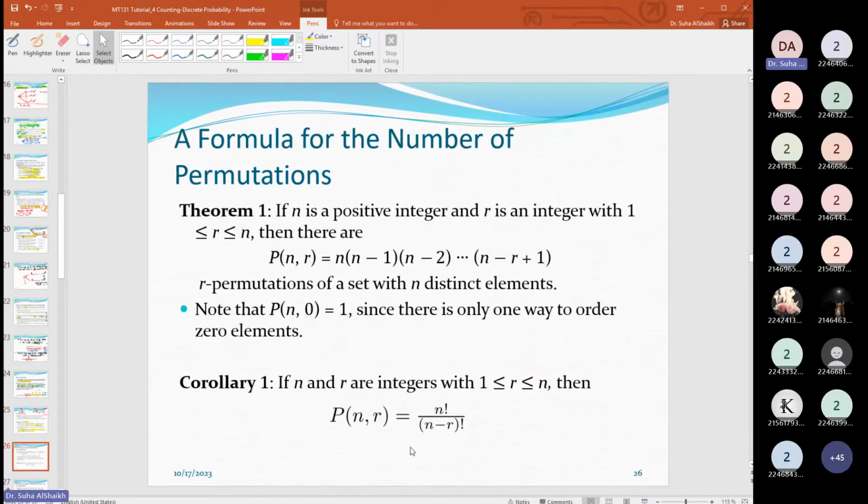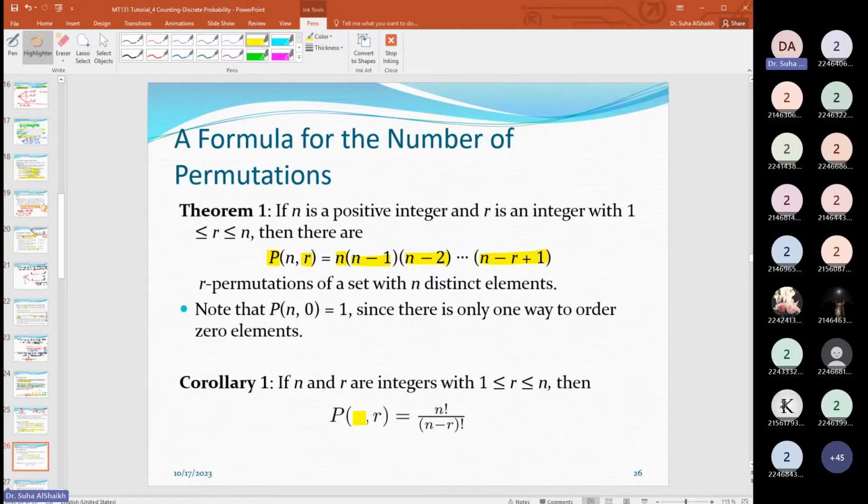So the permutation rule in the permutation of n things taken r at a time is equal to n في n minus 1 في n minus 2 في n minus r plus 1. Or we can use this formula.